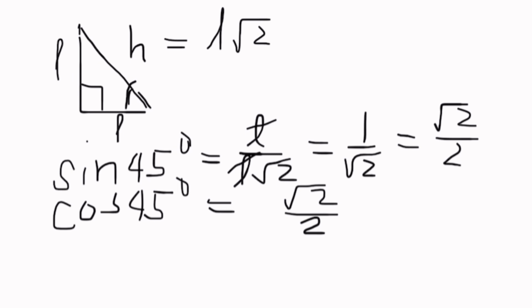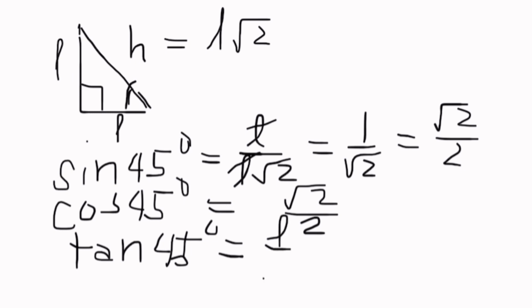Then for tangent of 45 degrees, that is just the length of the opposite side over the adjacent side, which is the leg. So L over L. So this is equivalent to 1.